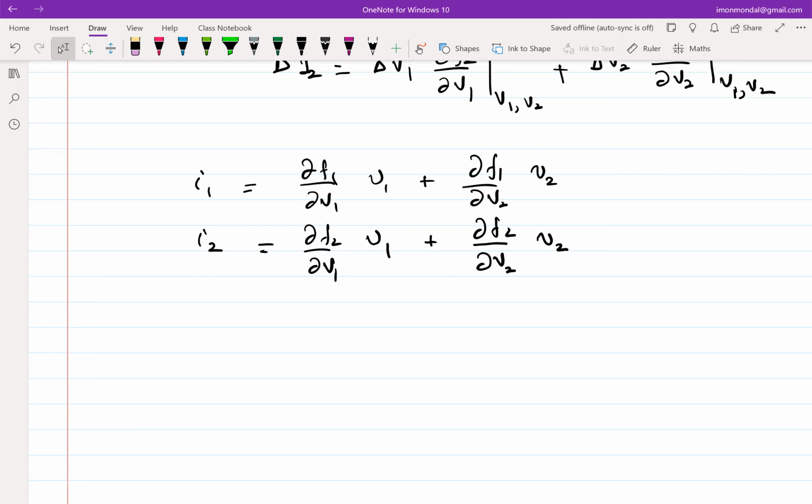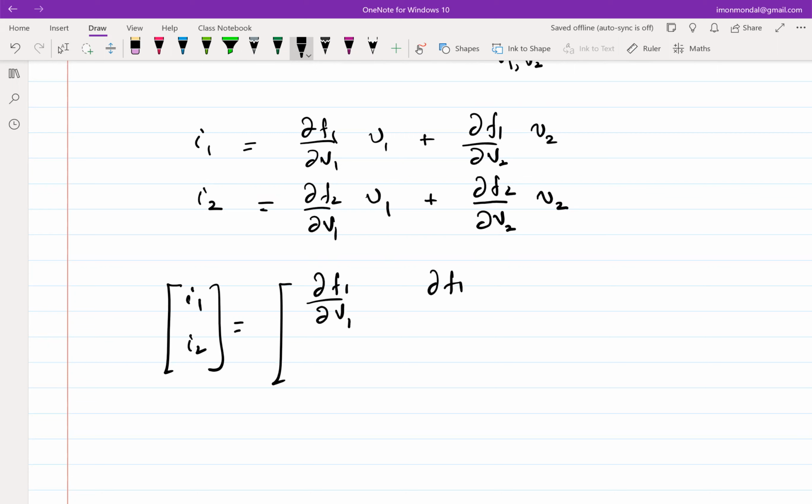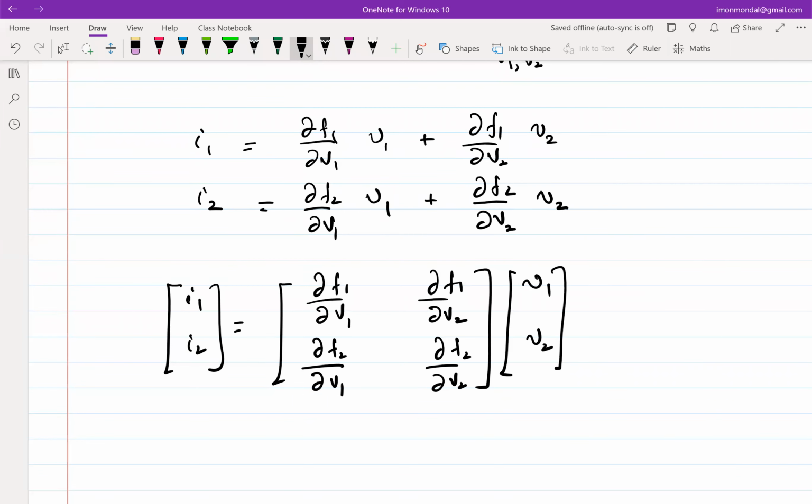So if I express this in matrix form, what do I get? I get I1, I2 is equal to, right?